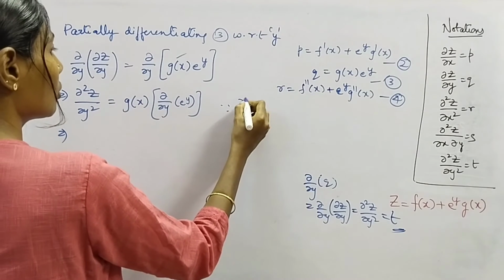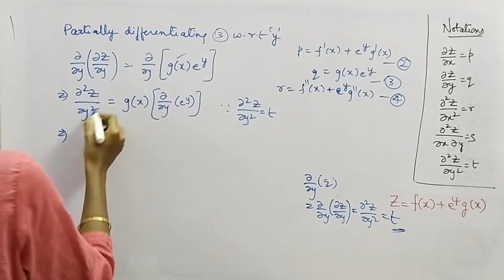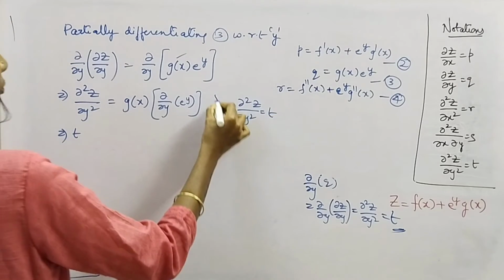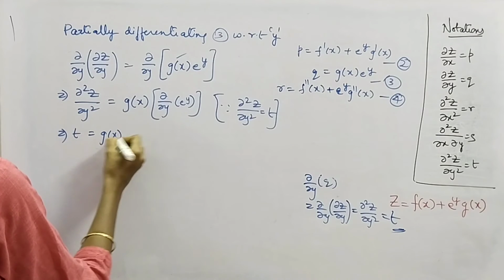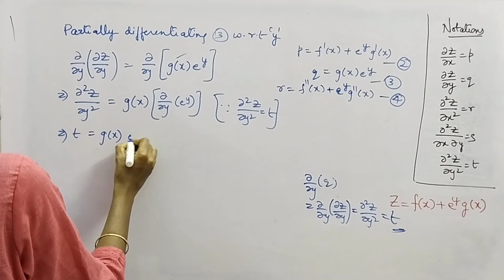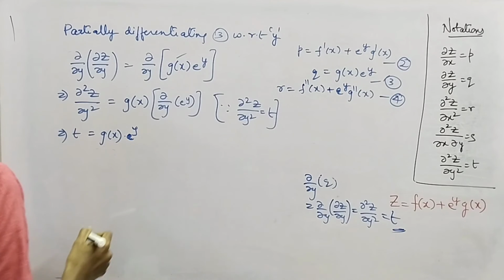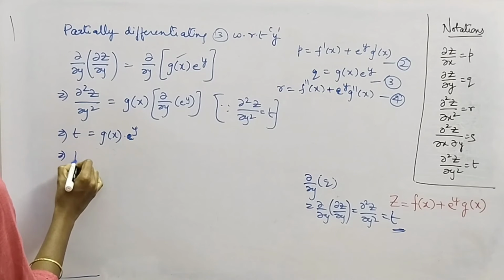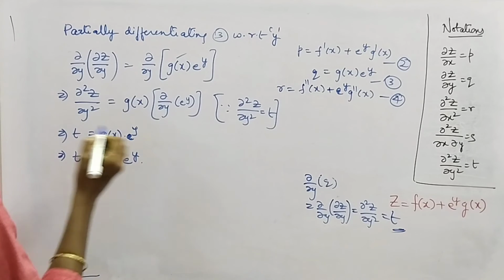Since we have a notation dou square z by dou y square equal to t, we'll replace it by t, equal to g of x into the partial derivative of e power y with respect to y, which is e power y. So t equal to g of x into e power y.